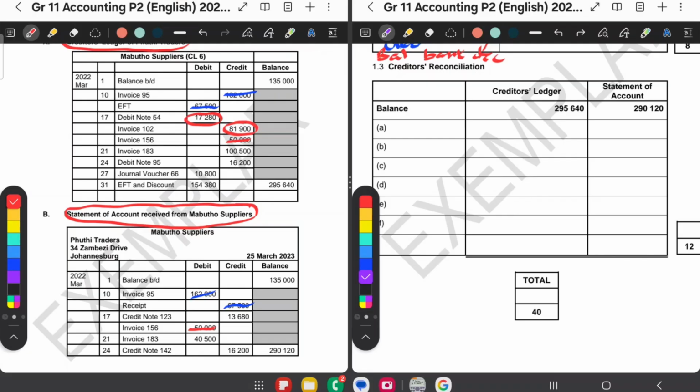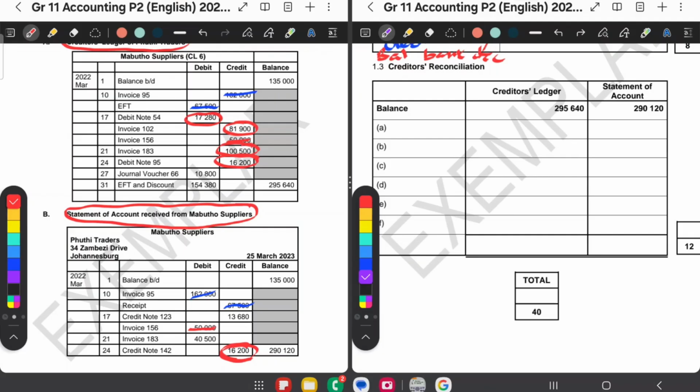Then 100,500. No, I don't see it anywhere here, so I'm going to circle. 16,200, I see here and I see it here. But the problem now is it's on the same side. It's not supposed to be on the same side. So circle, there's a problem there.